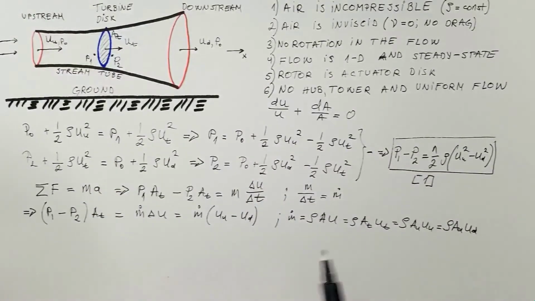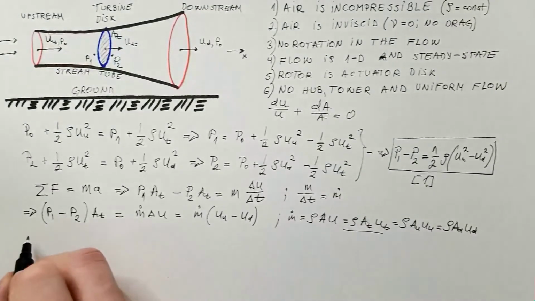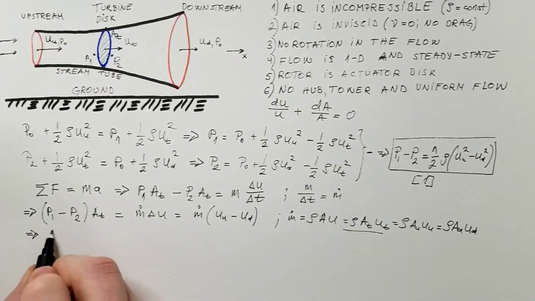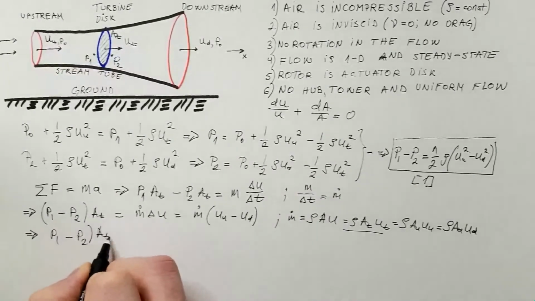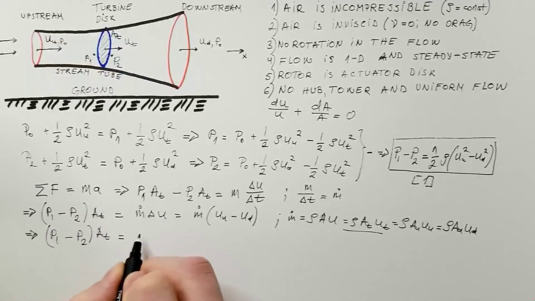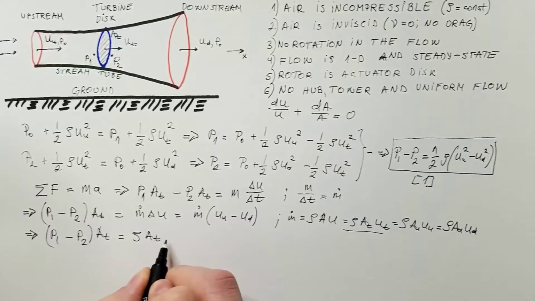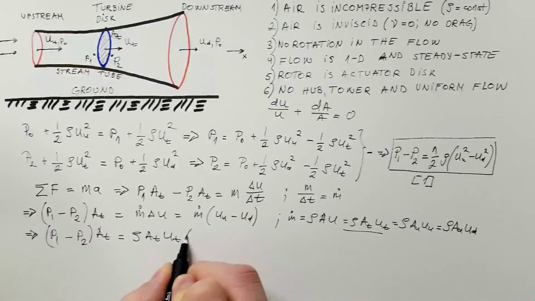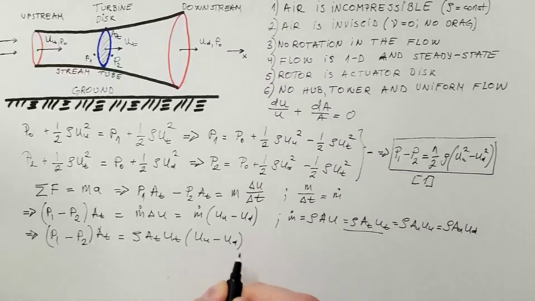Well, with this knowledge, we can substitute that here and get that P1 minus P2 times AT is equal to rho AT UT times UU minus UD.